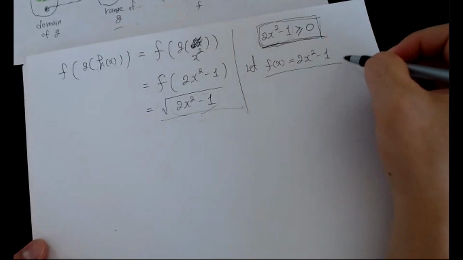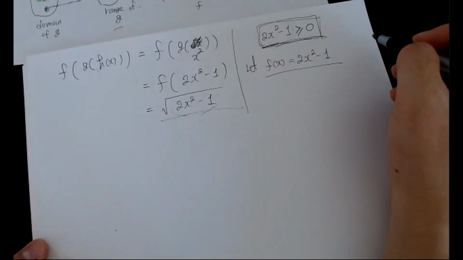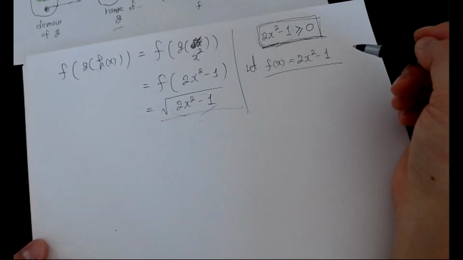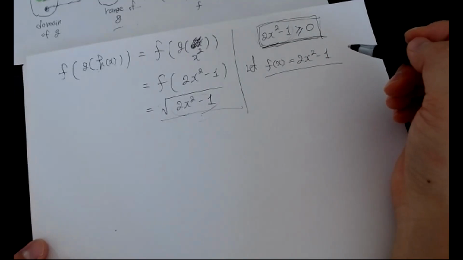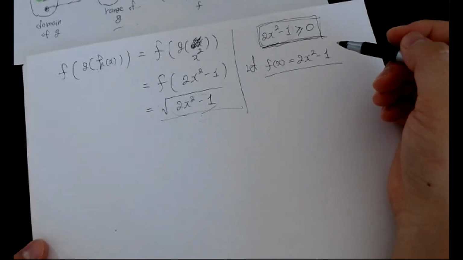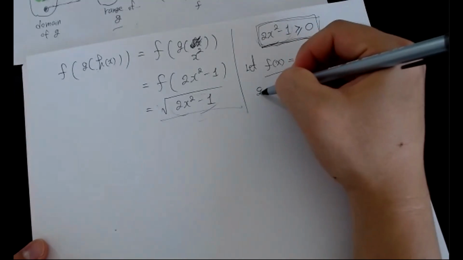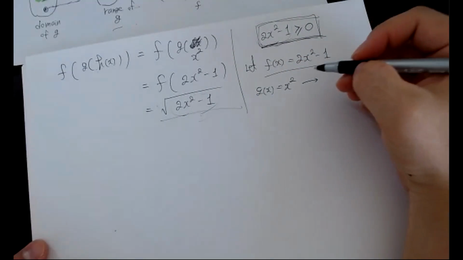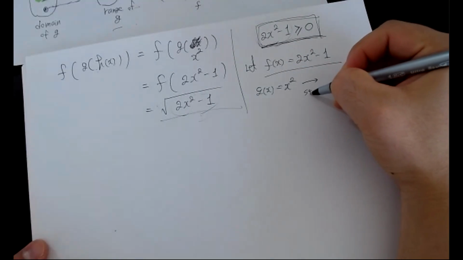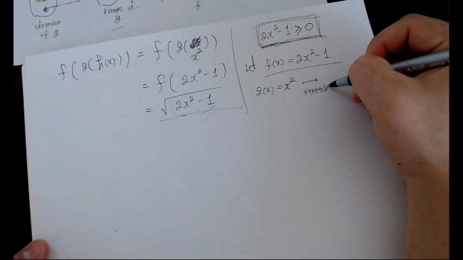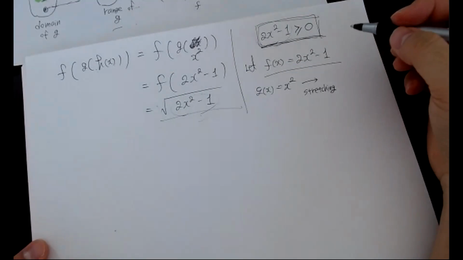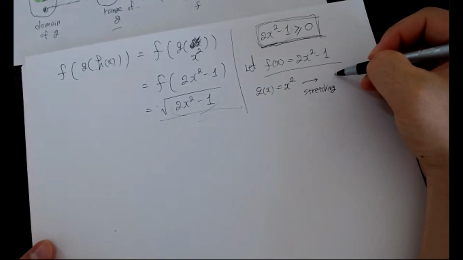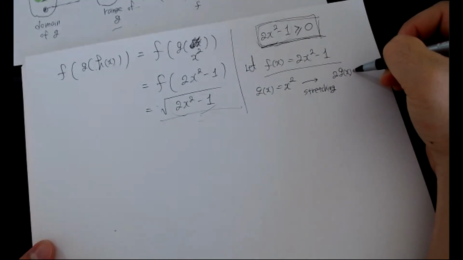Then let's plot the graph of f of x starting from the graph of the basic square function, x squared, a parabola. And then we're going to use transformation. Let's say g of x is x squared. Using stretching by a factor of 2, we get 2 times g of x, which is 2 times x squared.